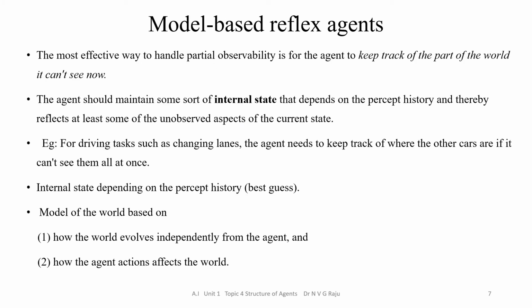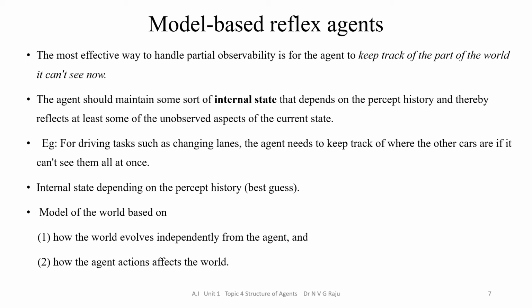Model-based reflex agents. The most effective way to handle partial observability is for the agent to keep track of the part of the world it cannot see now. The agent should maintain some sort of internal state that depends on the percept history and thereby reflects at least some of the unobserved aspects of the current state.